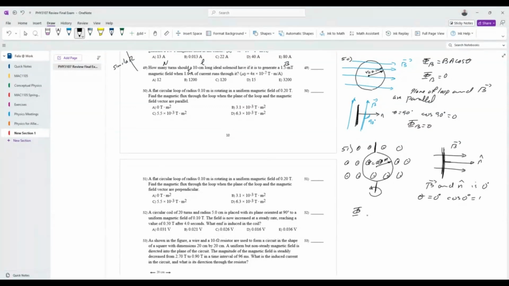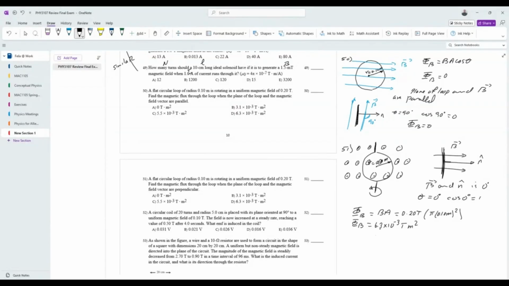This maximum magnetic flux will be BA, the intensity of the magnetic field, which is 0.20 Tesla, times the area, that is pi times the square of the radius, so 0.10 meters squared. When you multiply that, the magnetic flux here will be 6.3 times 10 to the negative 3 Tesla meters squared.